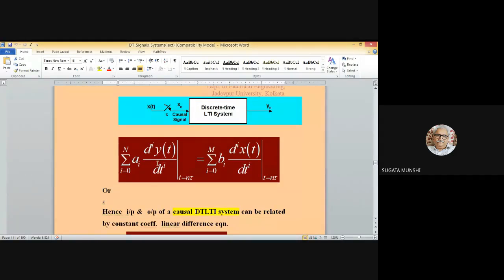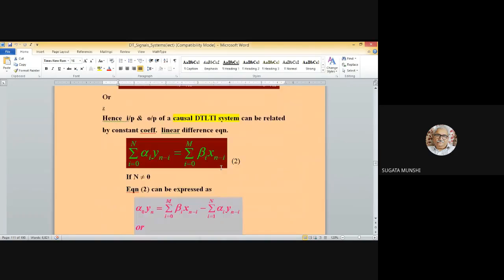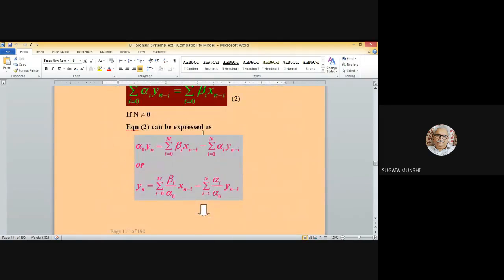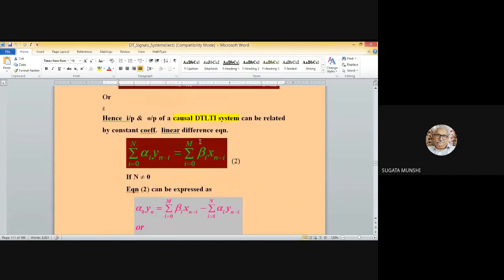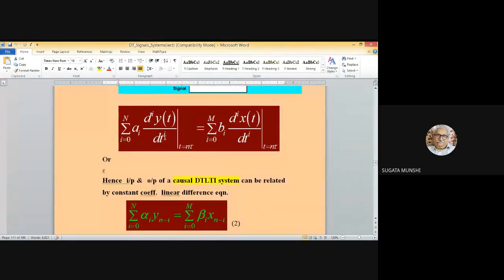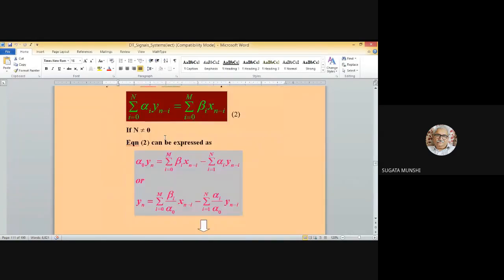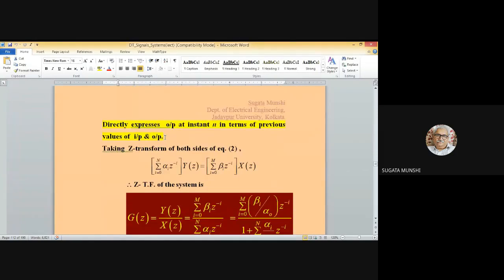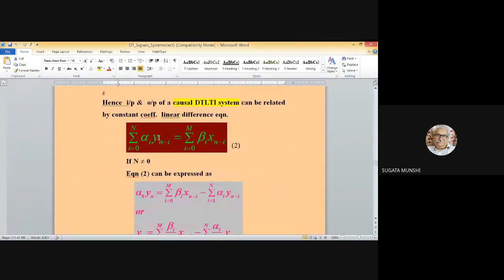Now, each derivative on the left-hand side can be represented by a constant coefficient difference equation. Similarly, in this case also, each derivative of x can be represented by a constant coefficient difference equation, because in both these cases, I am generalizing by considering the ith derivative. Therefore, in place of this expression, you can write an equation of this form.